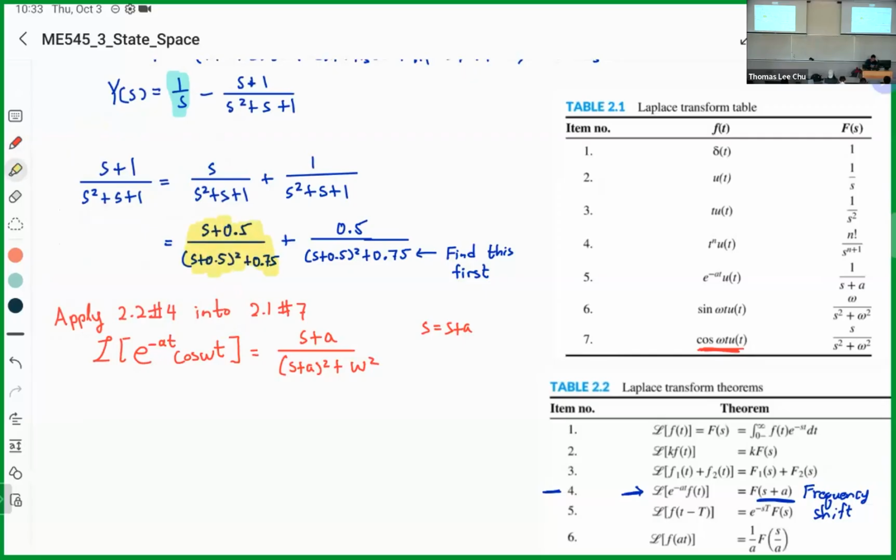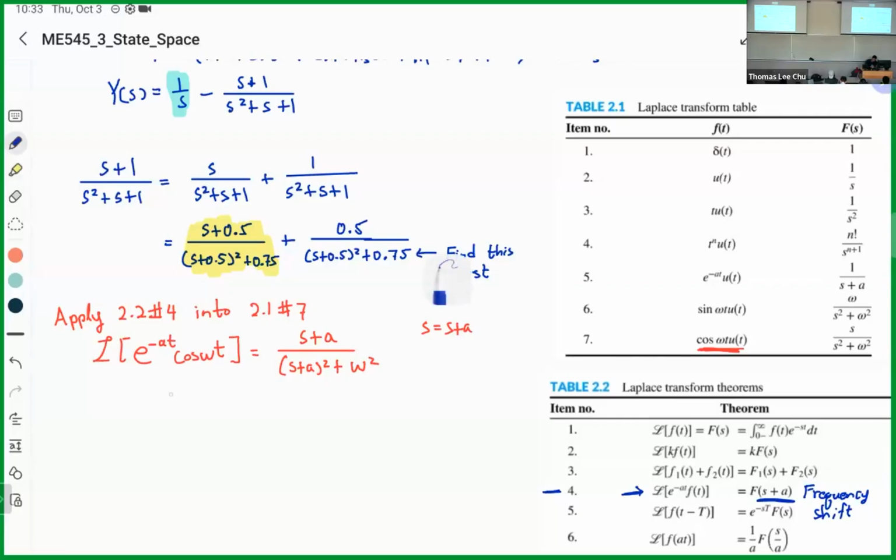So now we can see that we have a frequency shift of 0.5, so e to the minus 0.5t. On top of that, we can see that omega squared is equal to 0.75.